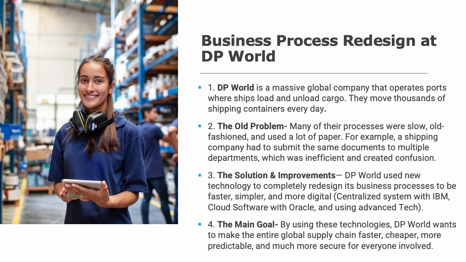So what was their old problem? The old problem is that their systems were very old-fashioned. They use a lot of paper. Okay, they use a lot of paper. For example, if a shipping company arrives, they have to give the same documents to many different departments inside DP World.